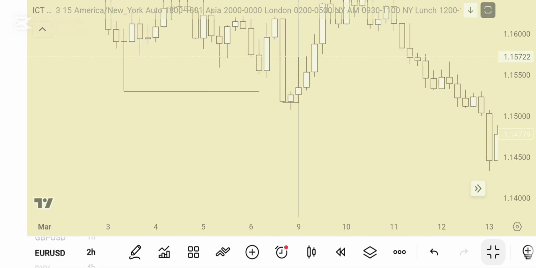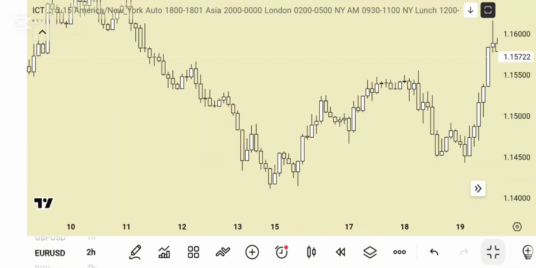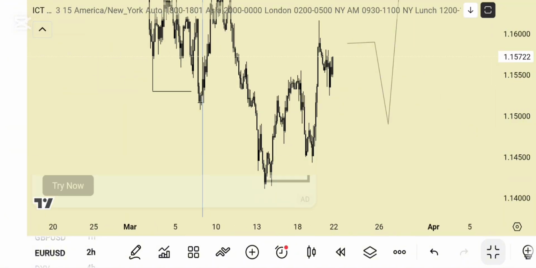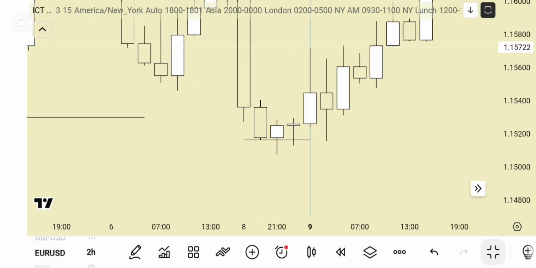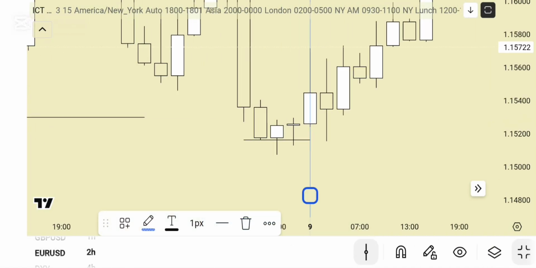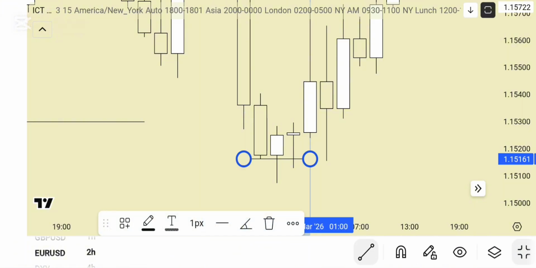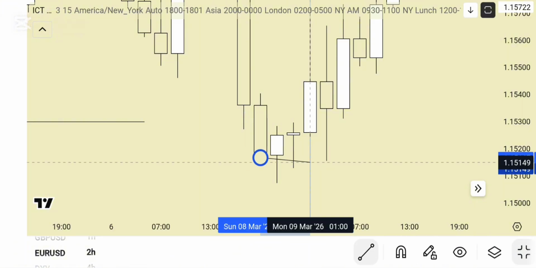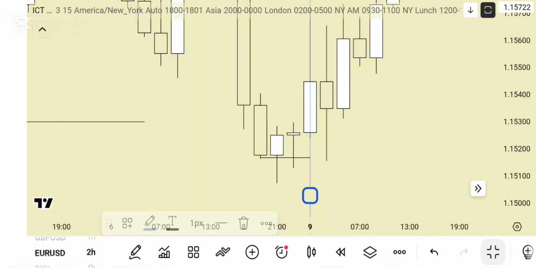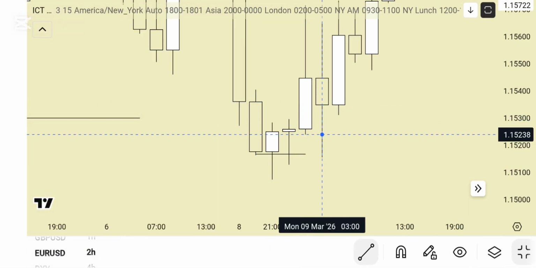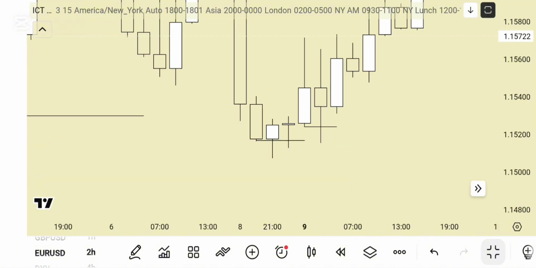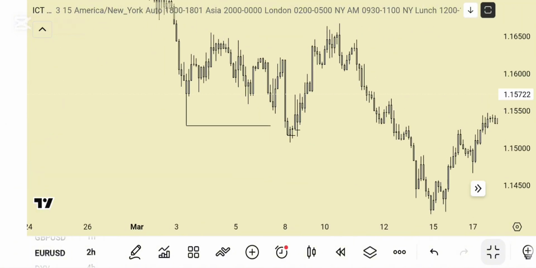So I went to the 2-hour time frame and I saw this opening price, sweep price. You can use the 2 hours as well, right? Let me take this out. Open, sweep, closing within the range of the 2-hour time frame, and my entry went towards the M15.